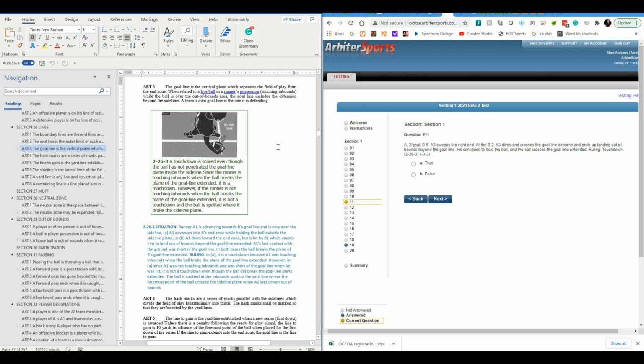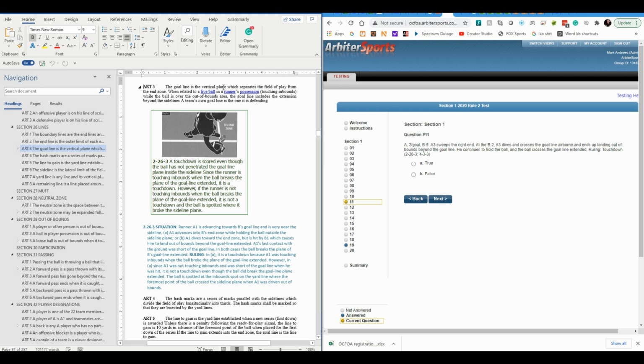Remember, Rule 2 is our definitions, and this is the definition of the goal line. So it says the goal line is the vertical plane. That's important. For you new guys, we treat the goal line like a sheet of water. And if the ball gets wet at all, it's a touchdown. Okay, across the goal line. You'll hear that often.